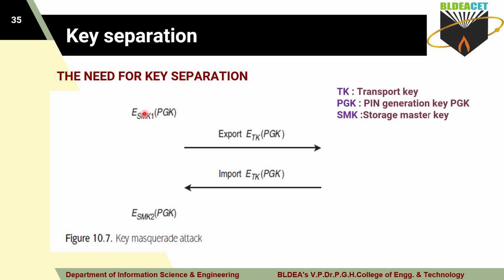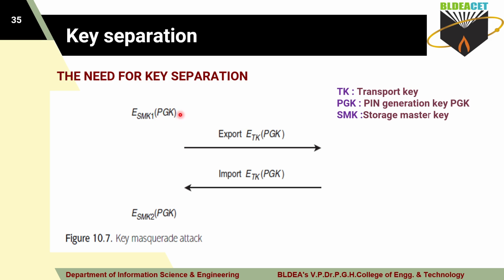With the help of the storage master key, this pin generation key is encrypted, and after encrypting it is stored in the HSM. Now whenever you want to export this PGK, it is extracted from the HSM module and decrypted.